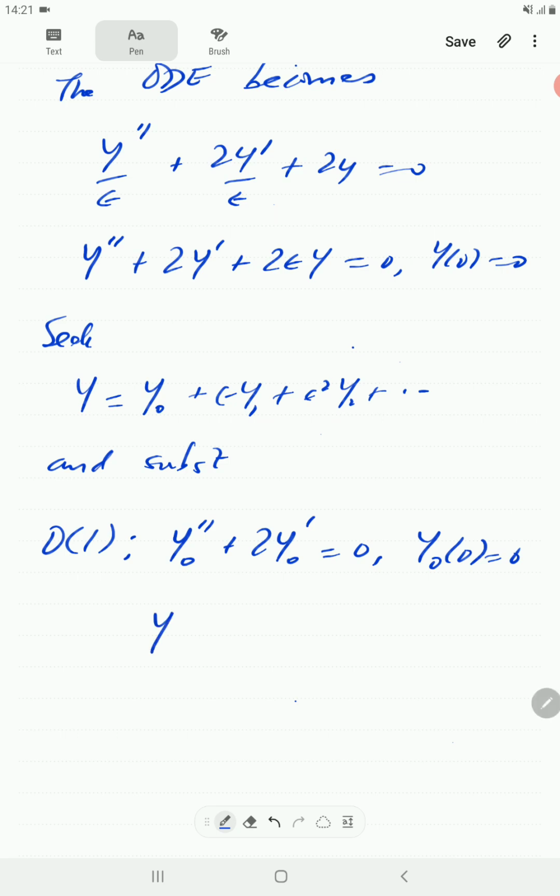Solving this is going to give us Y naught equals A times 1 minus e to the minus 2 xi.